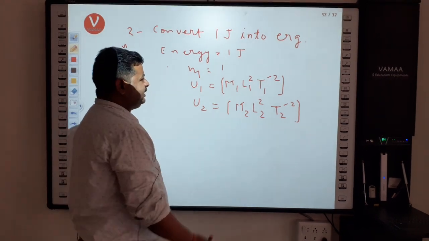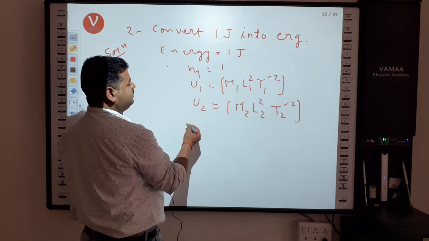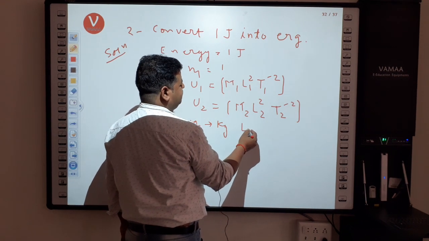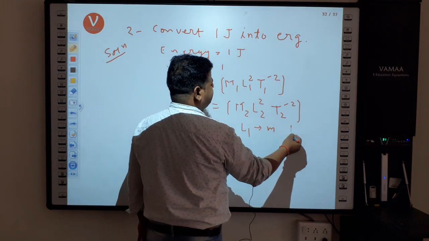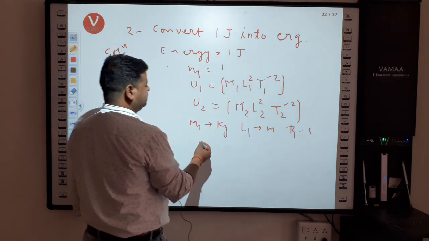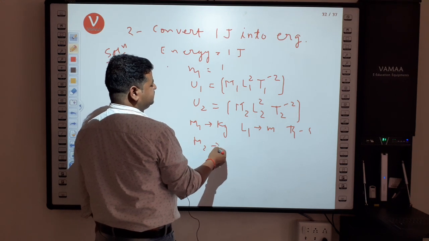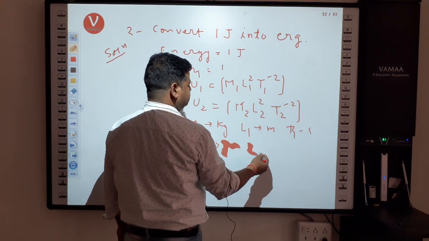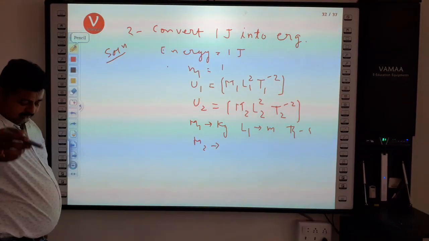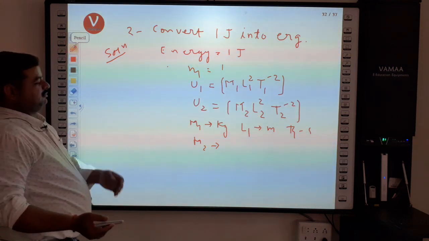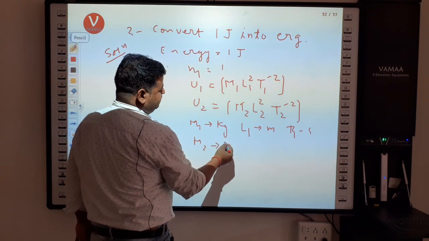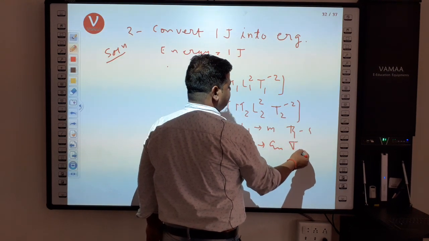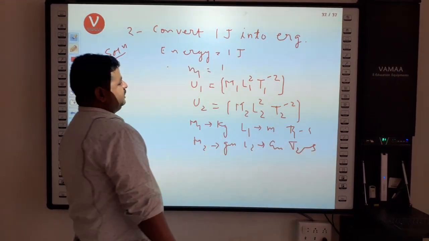So M1 is kg, L1 meter, T1 second, and M2 is gram, L2 centimeter, and T2 is also second.